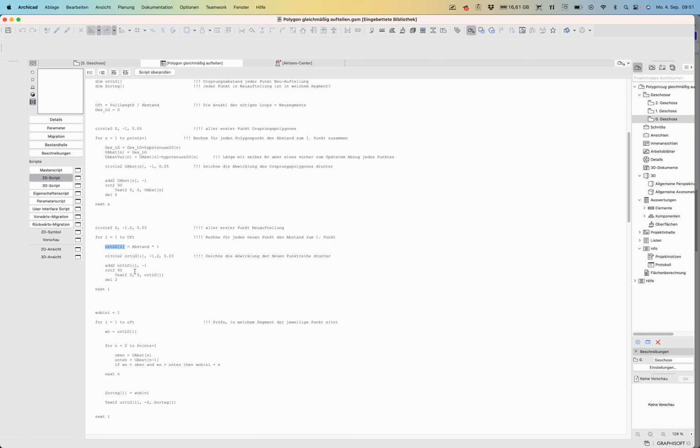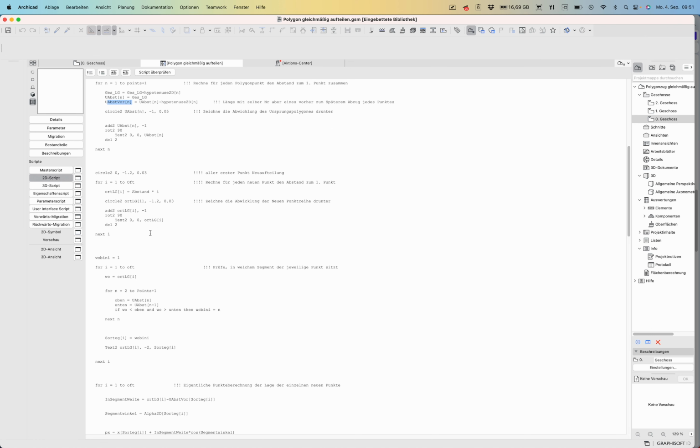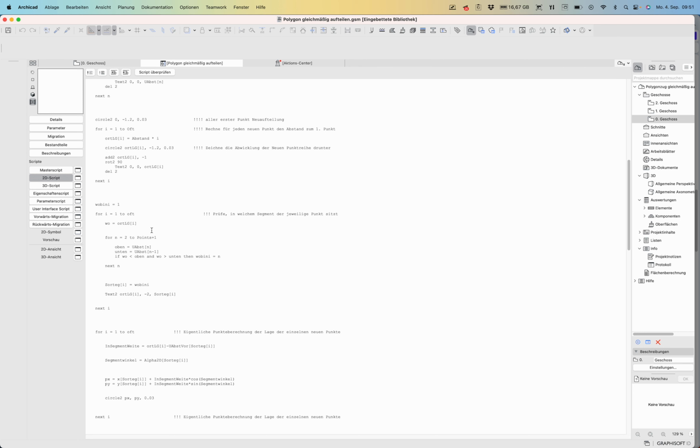This is the length of the new points to the beginning for every point. So I had two things that I could compare. This one and this one. And additionally, this one. So, in the next step, I looked where every one of my new points, in which segments they are.